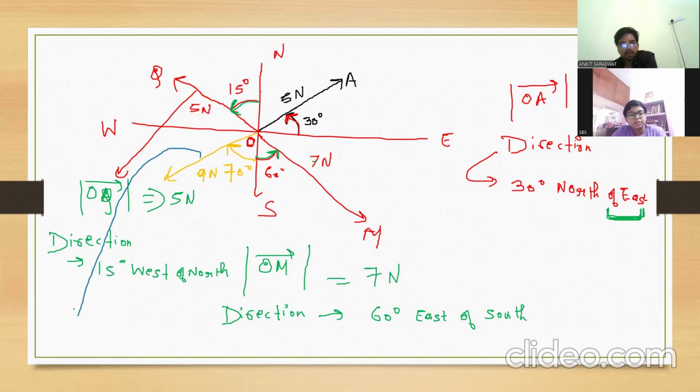The magnitude is 9 Newton. The direction is 70 degree west of south. Very good. Now you understand. You can give the name S. OS magnitude, how much? 9. Direction? 70 degree west of south.